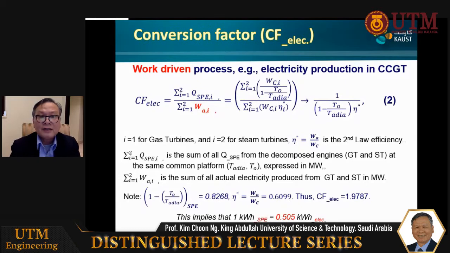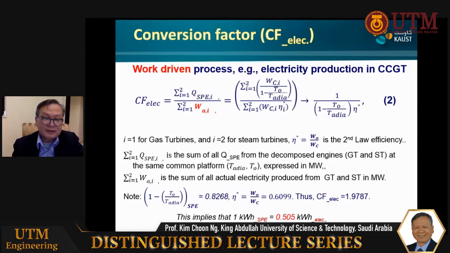And given the standard condition in the CCGT with the common platform as a fraction of 0.8268, a second law efficiency of 61%, that conversion factor for electricity works out to be 1.9787. Bear in mind that the electricity comes from two turbines, gas turbine and steam turbine. Therefore, you have to do the weighted approach to get the combined value.